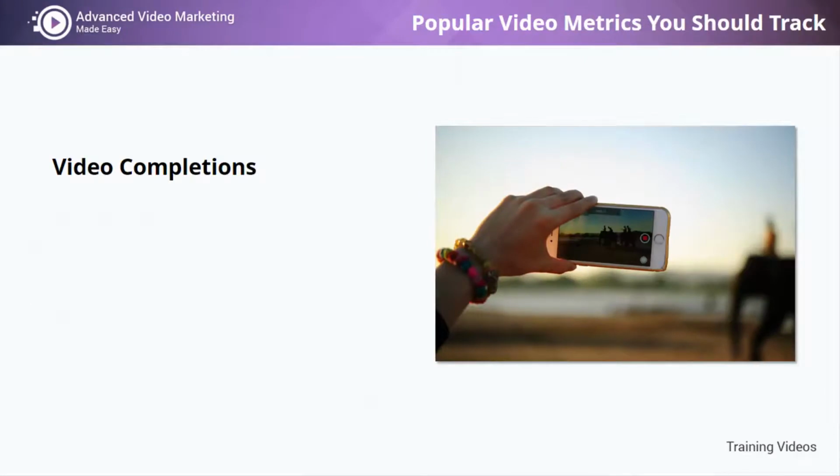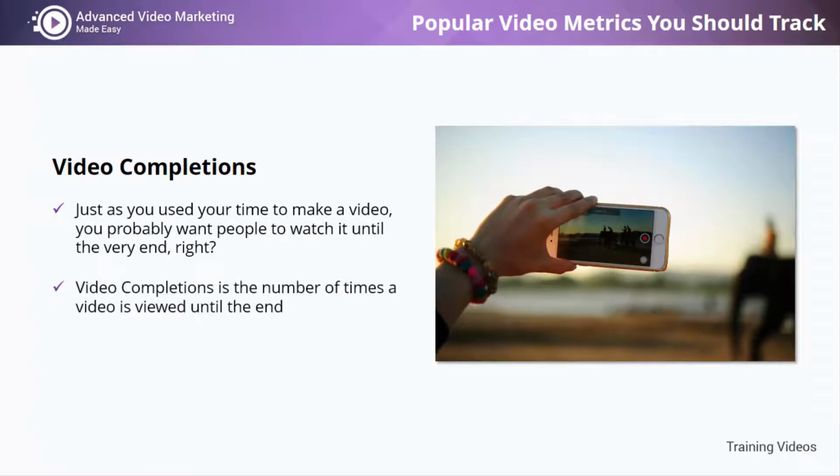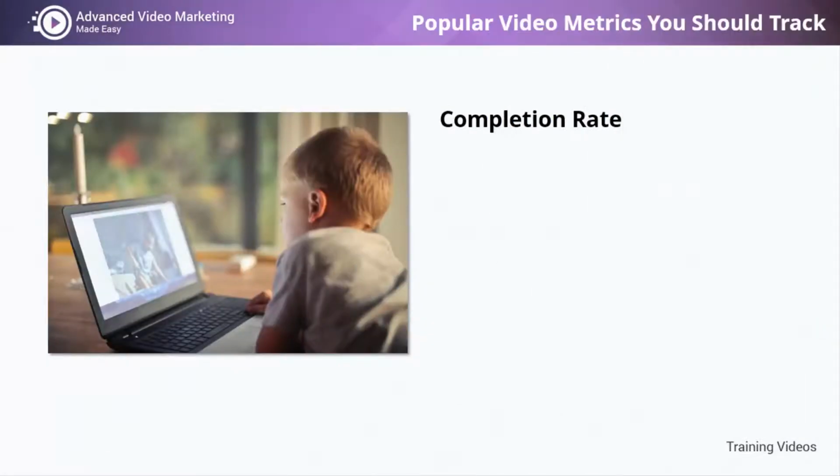Video completions. Just as you use your time to make a video, you probably want people to watch it until the very end, right? Video completions is the number of times a video is viewed until the end. This metric can be more reliable than the view count when trying to specify the success of your video. Completion rate.